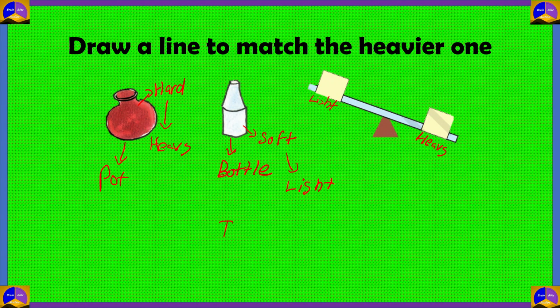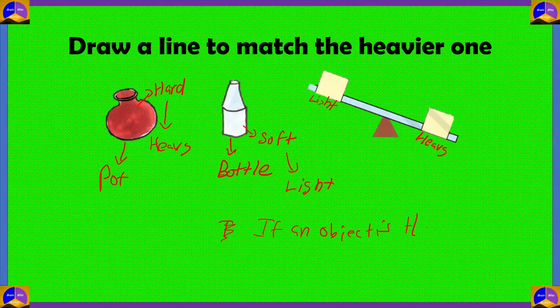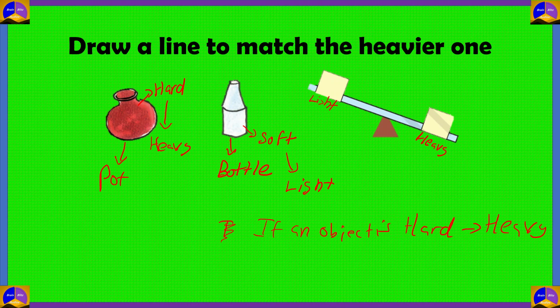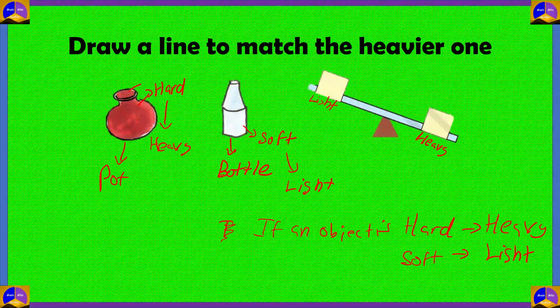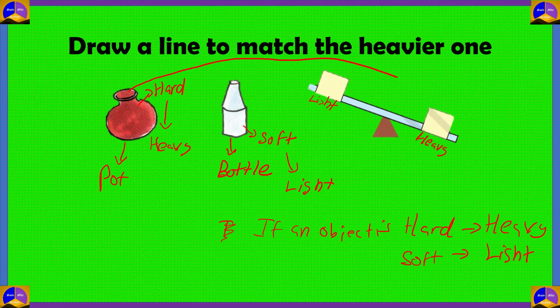So if an object is hard, it is heavy, and if it is soft, it is light. So this means that a pot is heavy and a bottle is light.